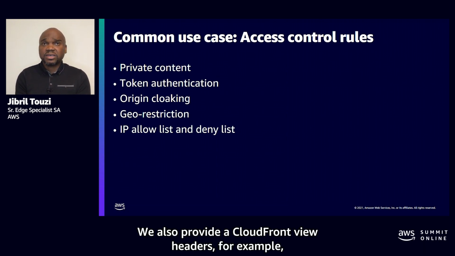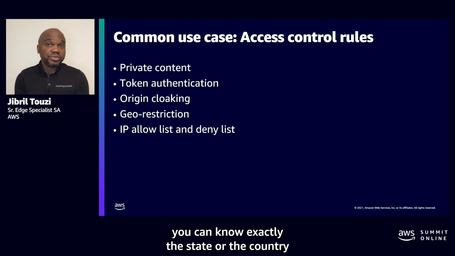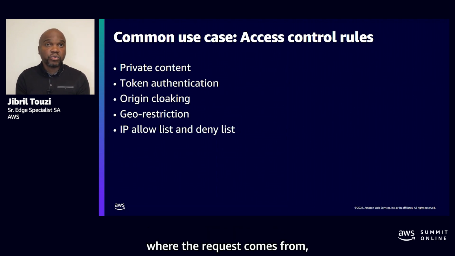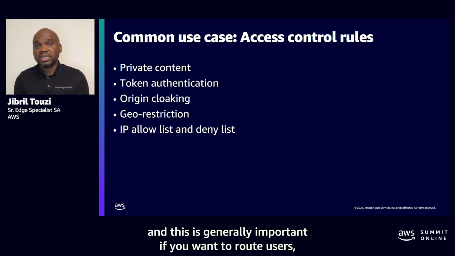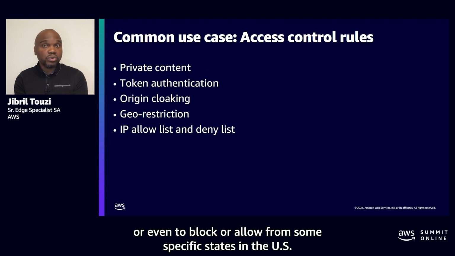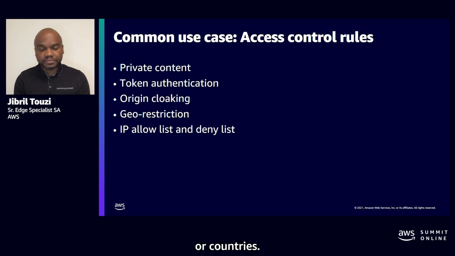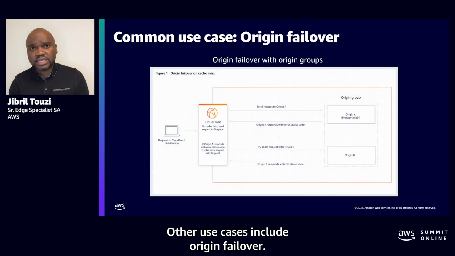CloudFront also provides geo headers. For example, you can know exactly the state or the country where the request comes from, and this is generally important if you want to route users or even to block or allow from some specific state in the US or countries.